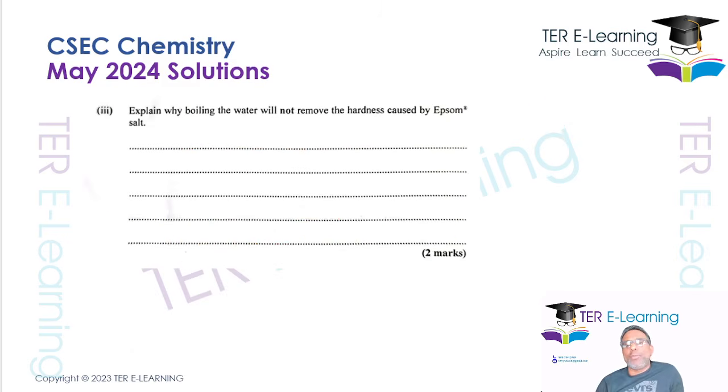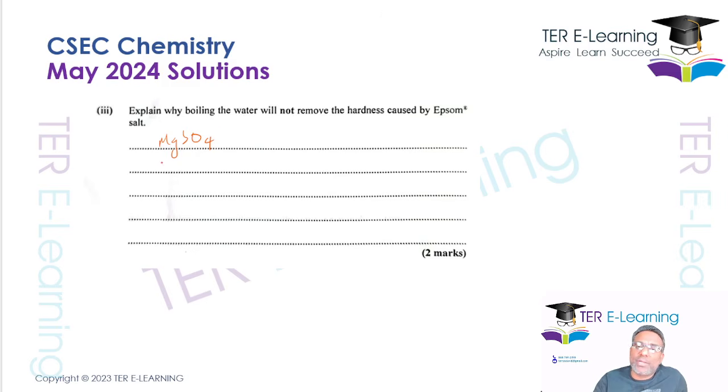Explain why boiling water will not remove the hardness in Epsom salt, right? So remember we have MgSO4, right? So the reason why boiling removes temporary hardness is because temporary hardness is caused by hydrogen carbonates. When you warm a hydrogen carbonate, it decomposes.